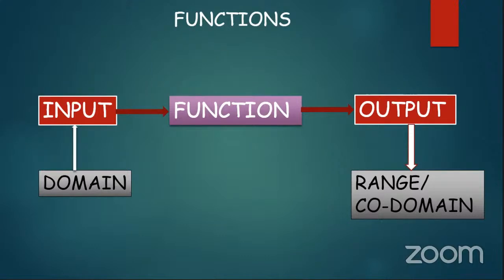And that output is the one we are calling a range or codomain. And then the value we use to substitute in the function is the one we call a domain. Is it clear? Yes. Okay.